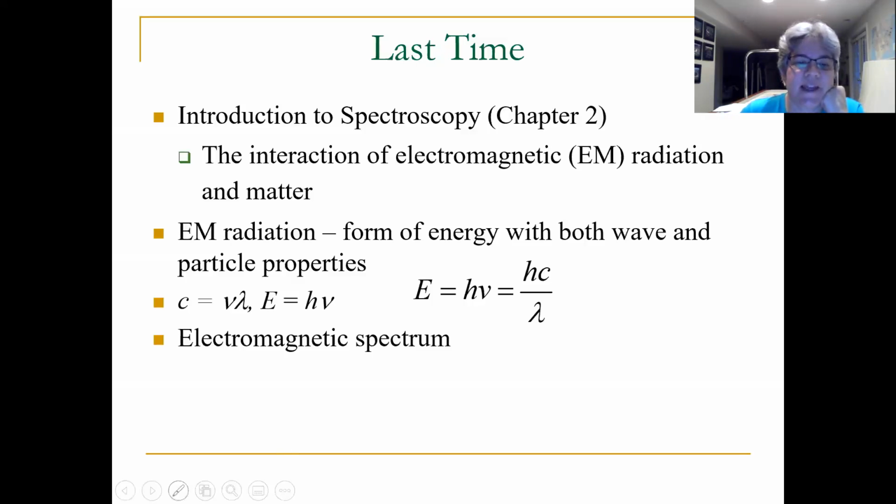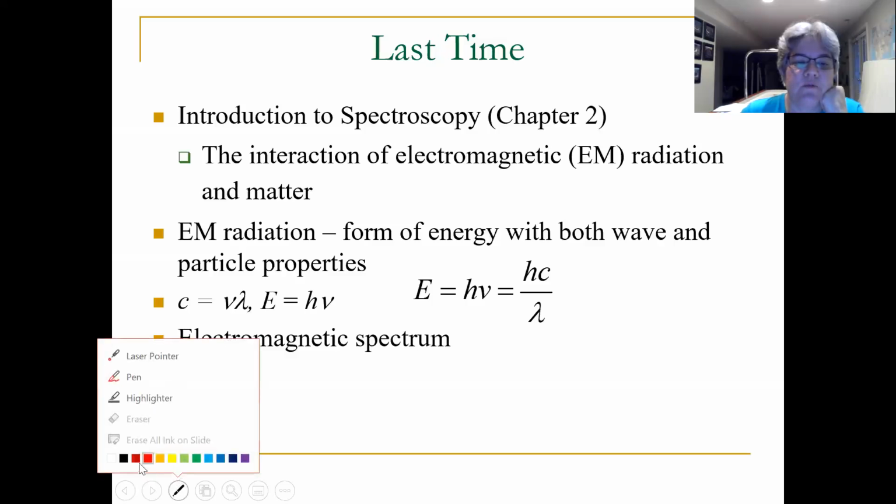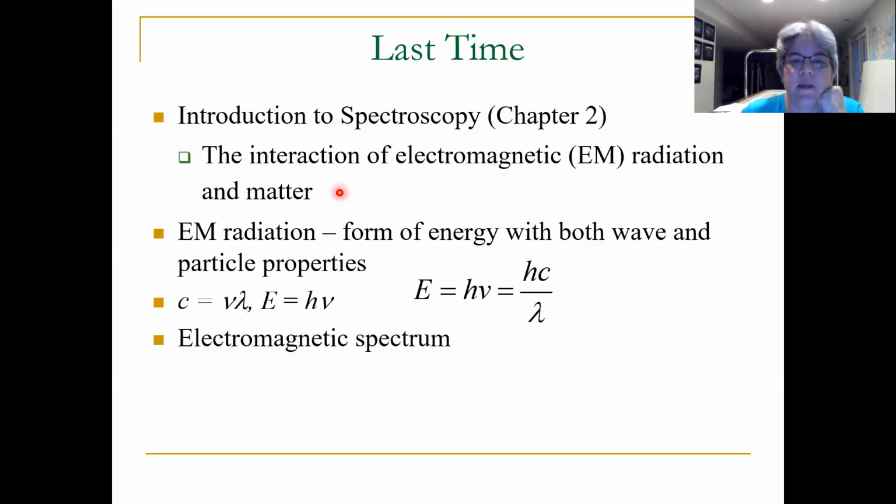So this is a definition that you should know. Okay, this interaction of electromagnetic radiation and matter. Then we said, well, what is electromagnetic radiation? And remember, that's a form of energy that has both wave and particle properties. And so we looked at the equations to describe that.